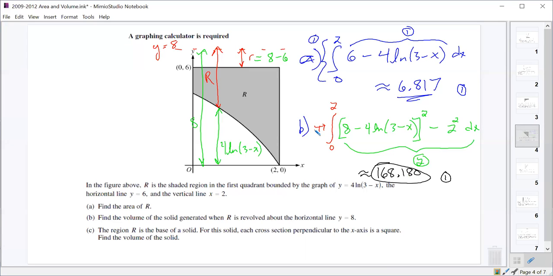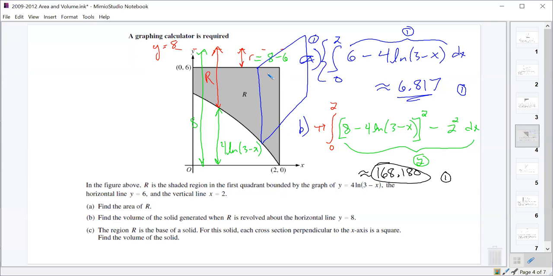All right. And for part C, we've now got the region R is the base of a solid. Each cross section perpendicular to the x-axis is a square. So if the cross sections are perpendicular to the x-axis, what variable are we going to do this in terms of? What is the thickness of this square?